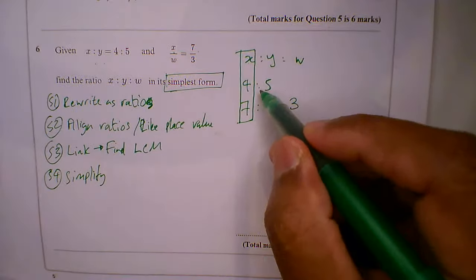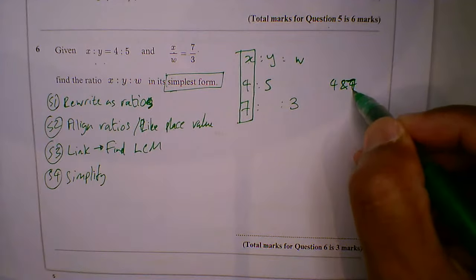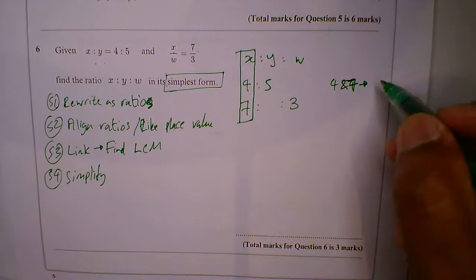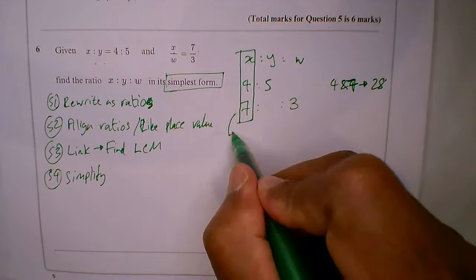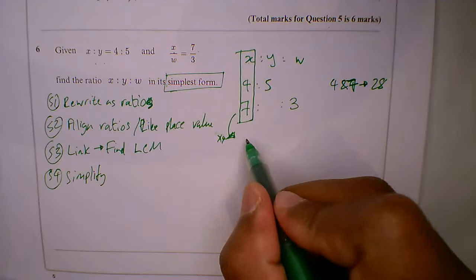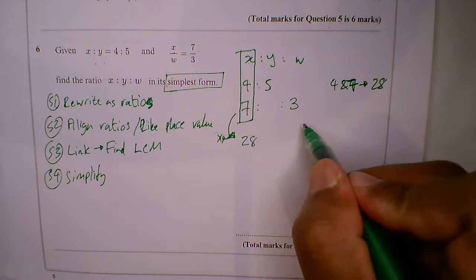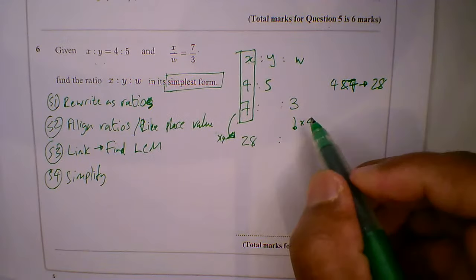So now what's the LCM of 4 and 7? 4 and 7 go into 7, 14, 21, 28. So I'm going to multiply this one by 4. 7 times 4 is 28. 3 times 4 is 12.